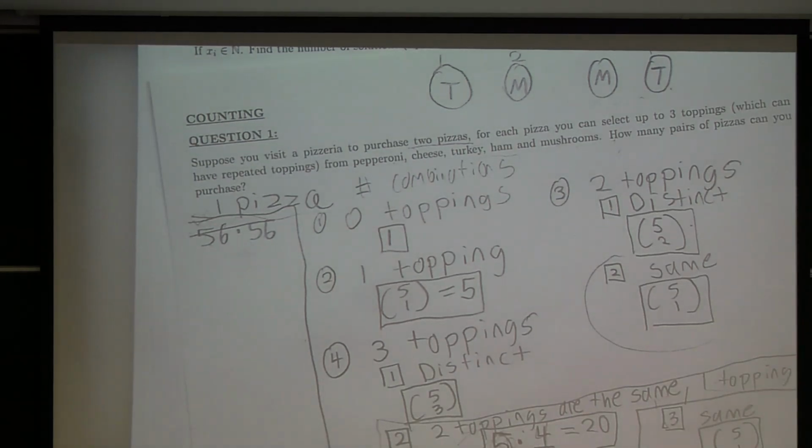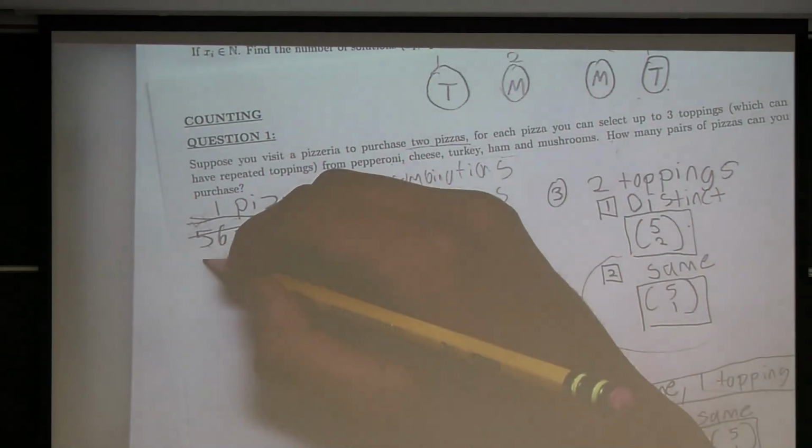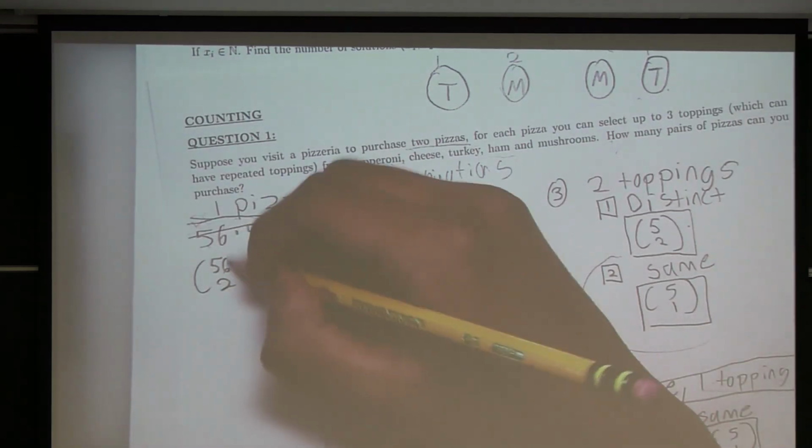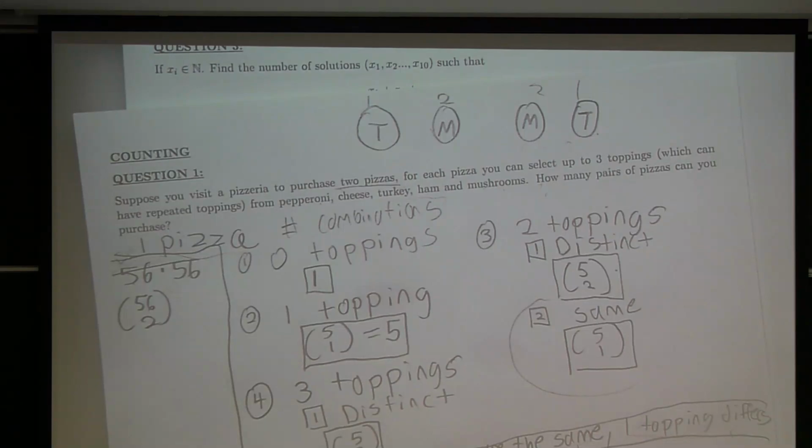What we do is we first check if both pizzas are different. If that's the case, then we just select 2 pizzas of the 56 possible pizzas, and we're left with 56 choose 2 possible pizzas. But we have to also account for the cases where the pizzas are the same. So for example, I got 1 cheese pizza and another cheese pizza.